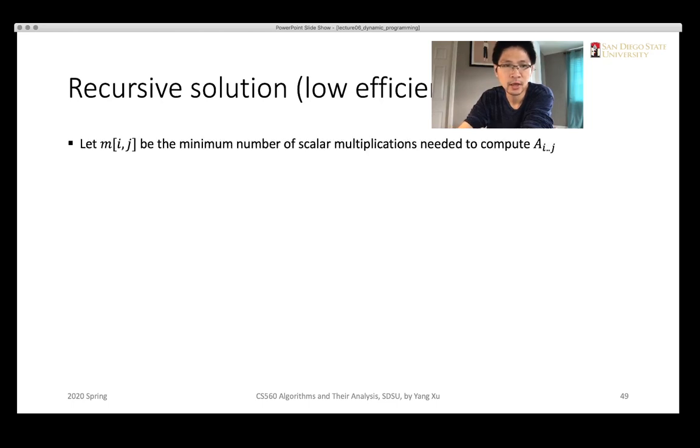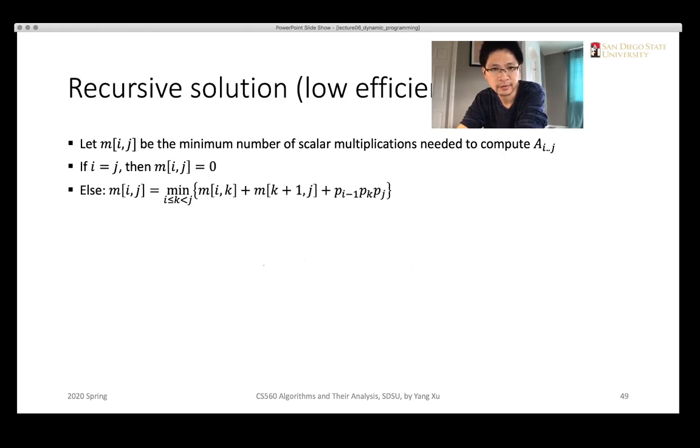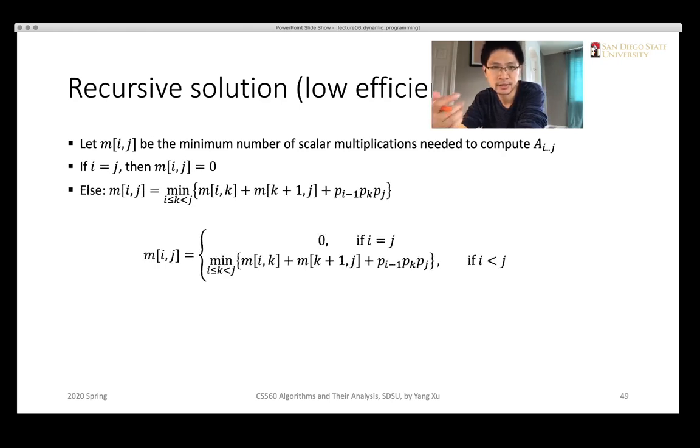Also, we found that a recursive solution is very inefficient, because we are solving the same problems over and over again if we implement this optimal substructure in a recursive way.